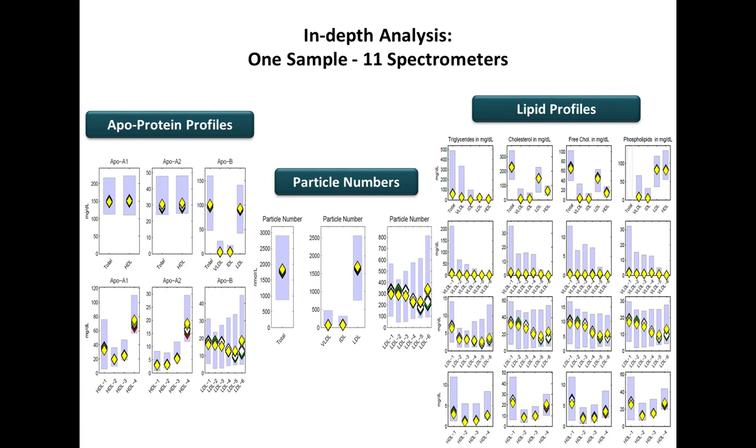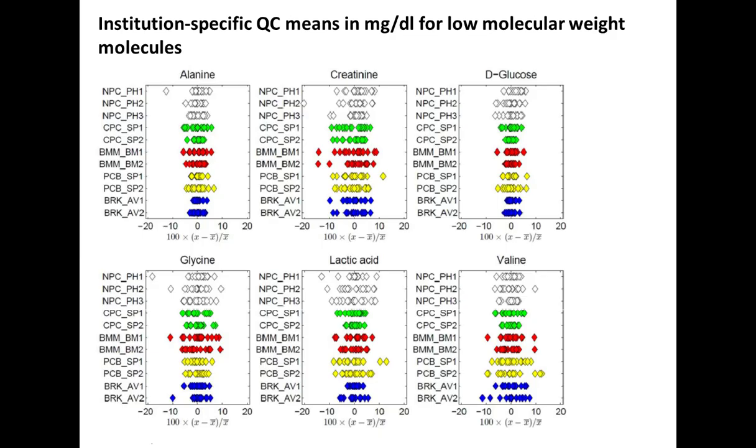But if you take a single sample and you analyze it across the 11 institutions, you get high reproducibility for every single one of those 105 lipoprotein parameters. The same holds more or less for the low molecular weight molecules. I'm showing 6 here, 6 of the common molecules of interest to the clinicians, so amino acids, creatinine, lactate, branched chain amino acids.